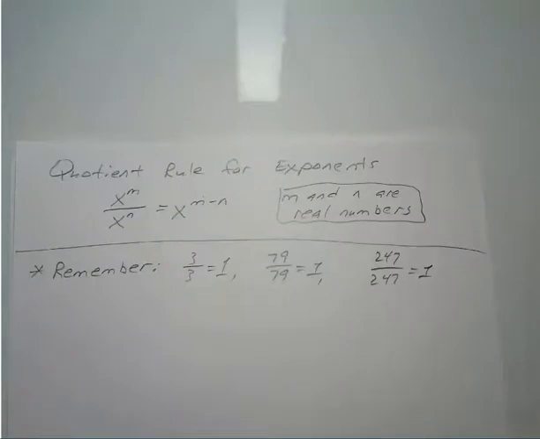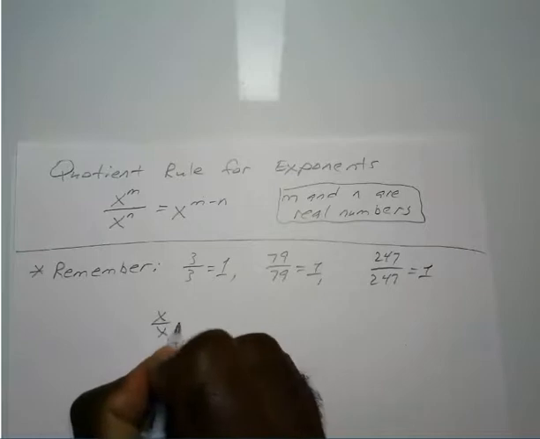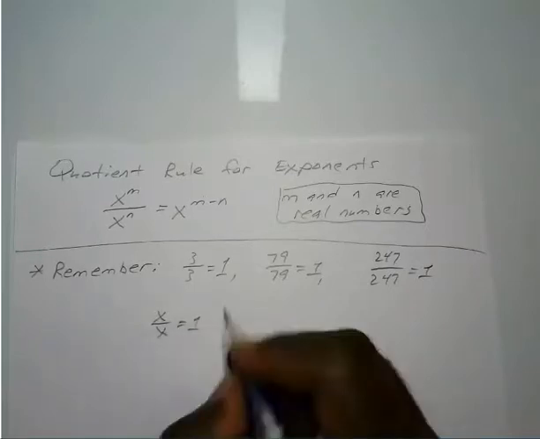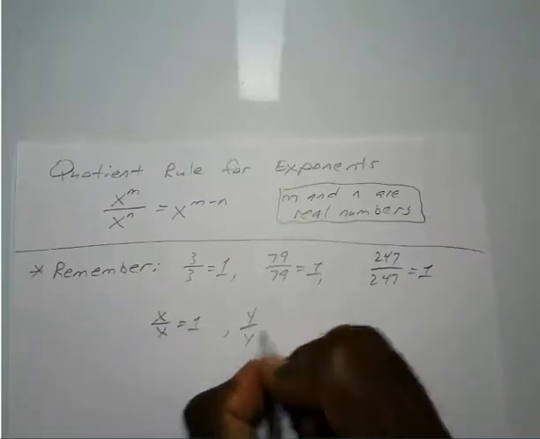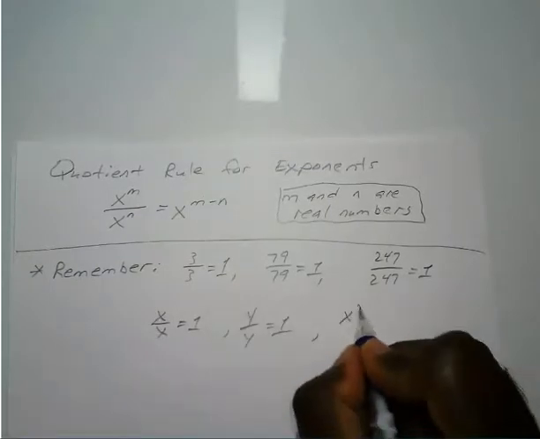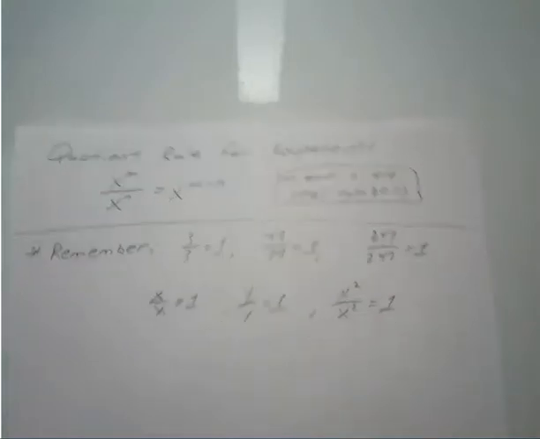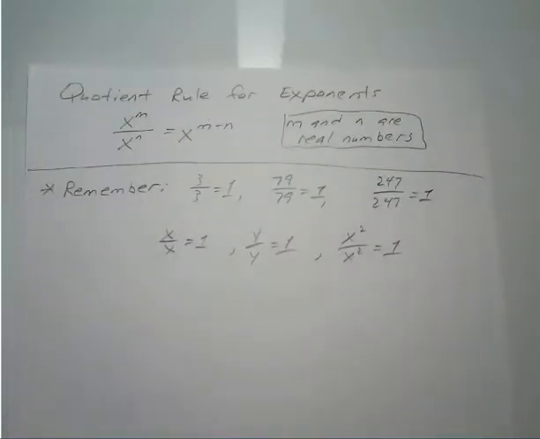Even if it's an unknown variable, x divided by x is equal to 1. y divided by y is equal to 1. x squared divided by x squared is equal to 1. Anything divided by itself is always equal to 1.